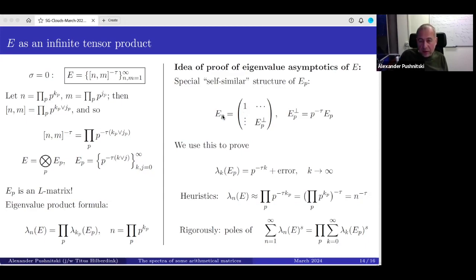If you write down the first row and first column, and here everything else, then you observe that this everything else is the scaled version of the full matrix. So you delete the first row and the first column, and what you get up to scaling is the full thing. It's a very pretty structure. So based on this structure and just on linear algebra, we proved that if you fix P and you look at the kth eigenvalue of this EP, then it obeys these asymptotics.